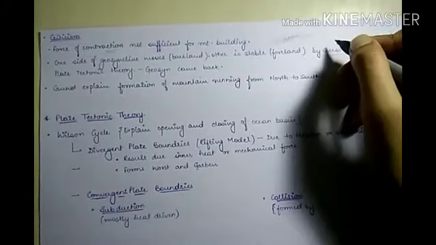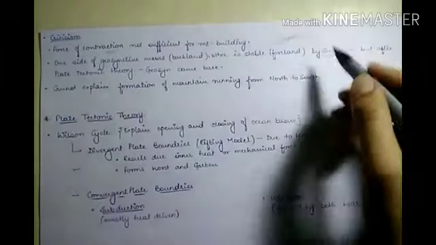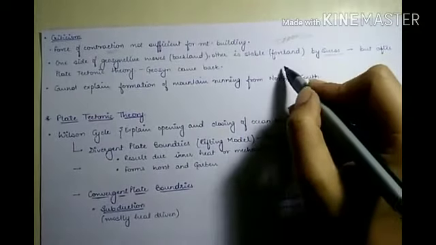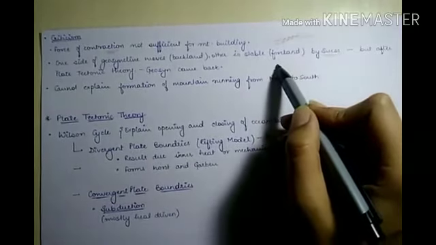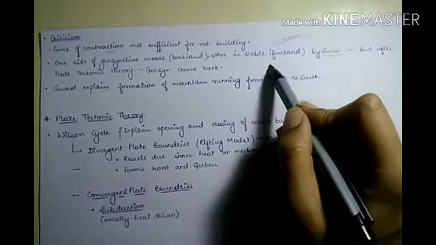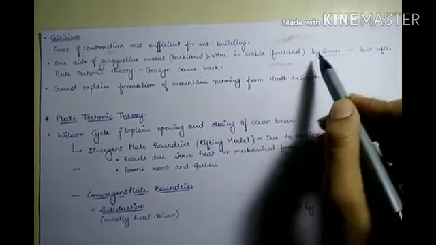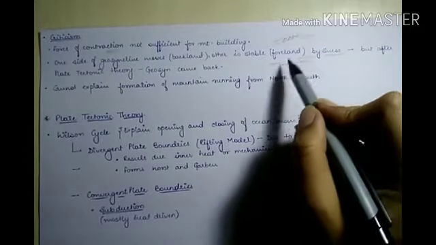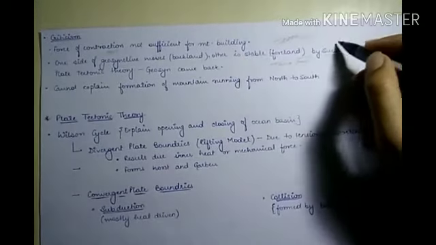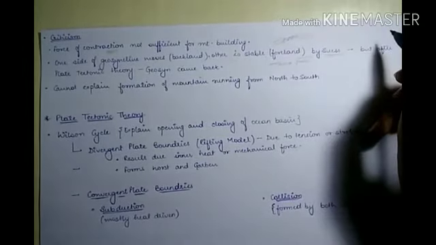Okay, so in this, what Swiss said that in geosyncline only one mass moves. Okay, so the mass which moves is known as backland, and the another one is stable. Okay, so the mountains can't be formed on both sides.